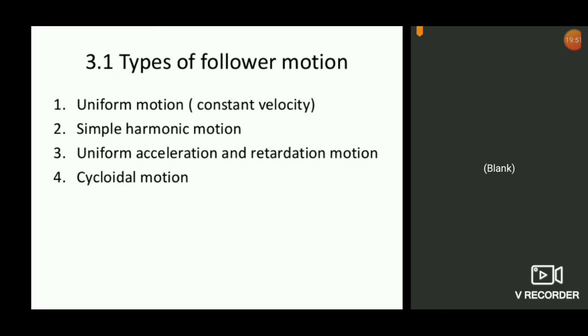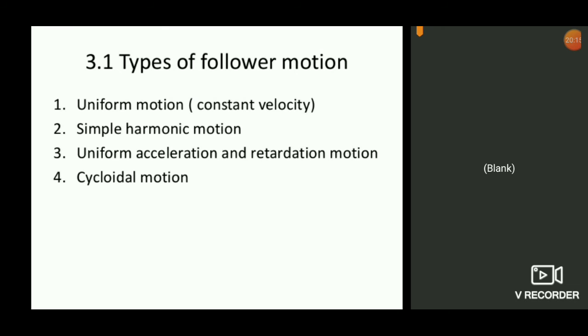After that we have seen some basic terms which you have to keep in mind when we draw a cam profile, for example what is a base circle, what is a prime circle, what is a pitch point, and what is a trace point.